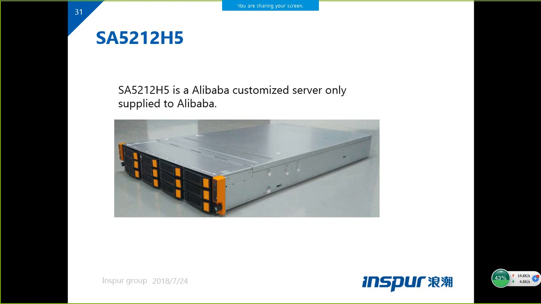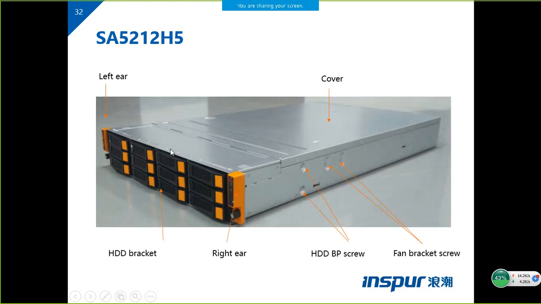It is an Alibaba customized server, only for Alibaba. This model, this one is yellow. It's 2U. Why is it 2U? Because this number is 2, so it means 2U. And left, right, front, back, cover.